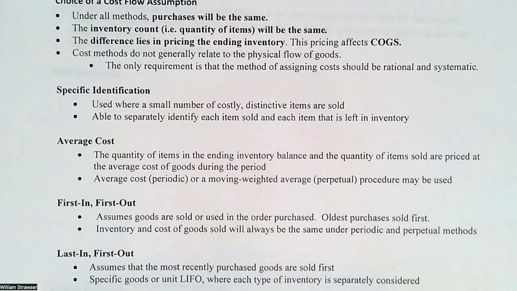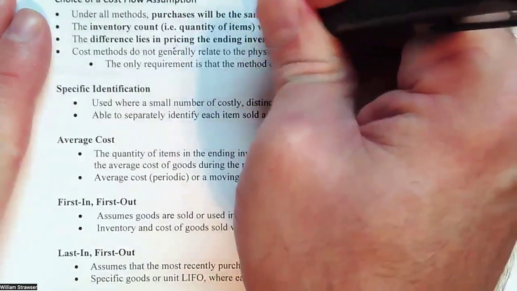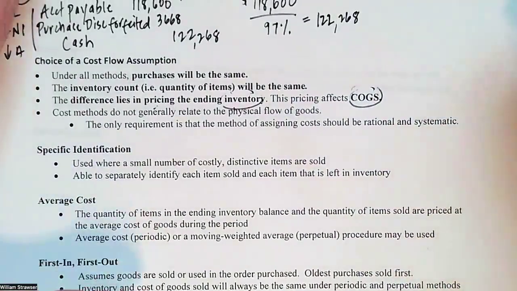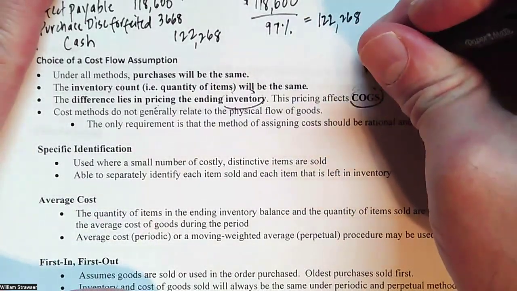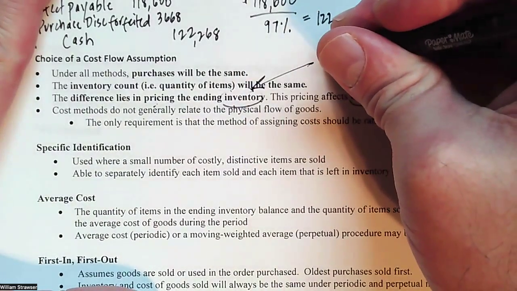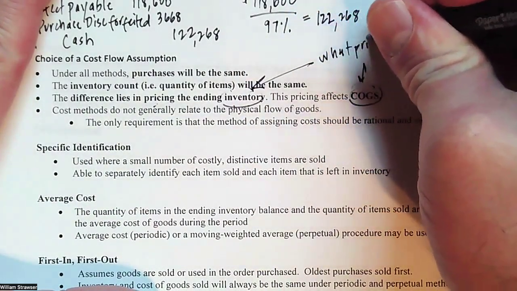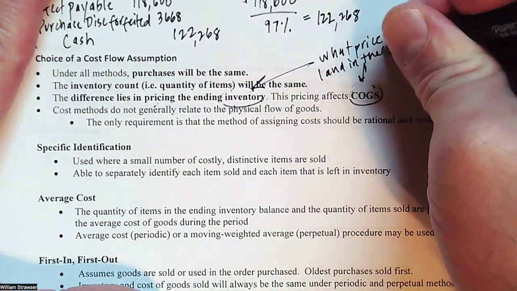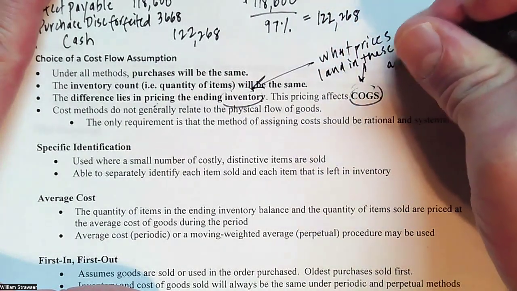So the head count doesn't change, right? No magic going on here. Really where the difference arises is, what do I price my inventory at, and what do I price my cost of goods sold at? So it affects what's going into cost of goods sold versus what's going on in inventory. So what prices land in these two accounts?